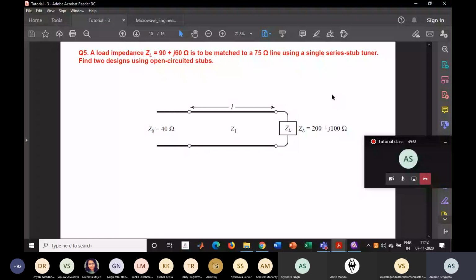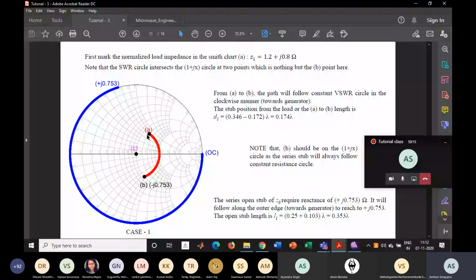Then from the load locus, you have to find the intersection point with the circle. For this case, I have considered R equals to 1. For the shunt case, you have to consider G equals to 1, the same circle at the other end. For that, the open circuit and short circuit positions will be changed, and according to that, you have to calculate the length.